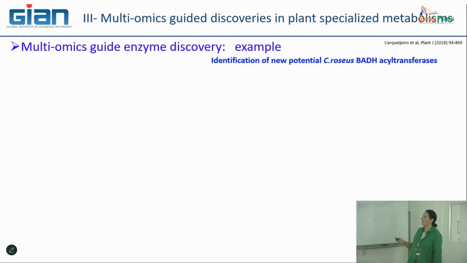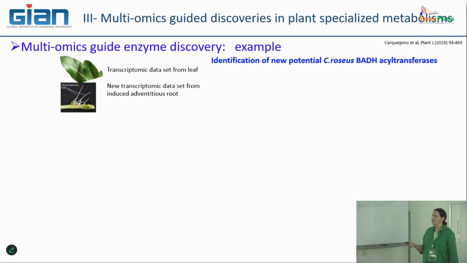Firstly, we developed transcriptomic data coming from specific leaf and from specific roots. It could be natural roots, hairy roots, or here also adventitious roots.